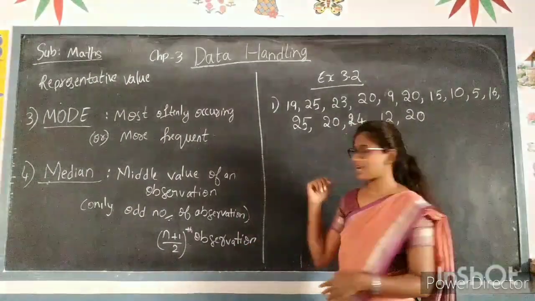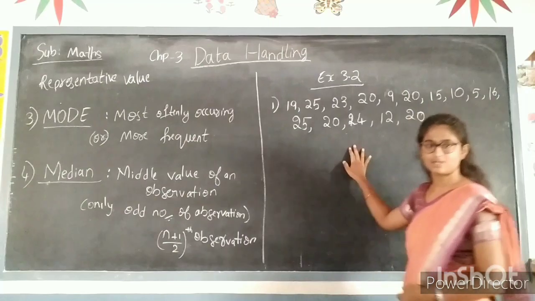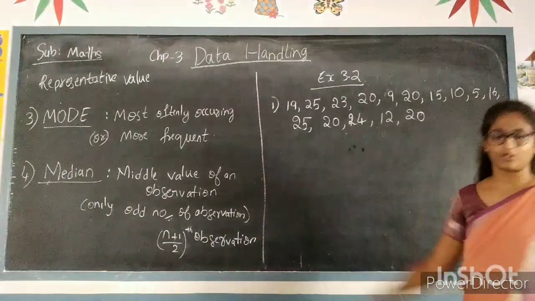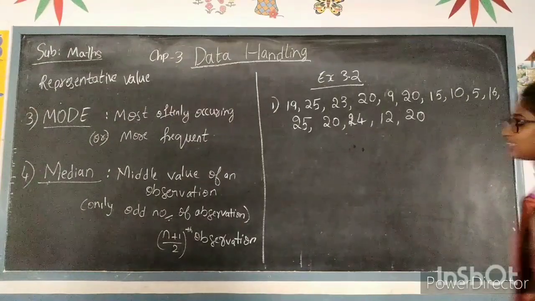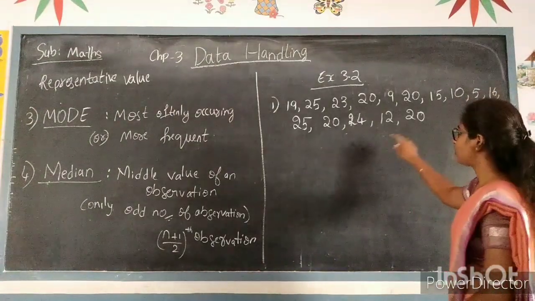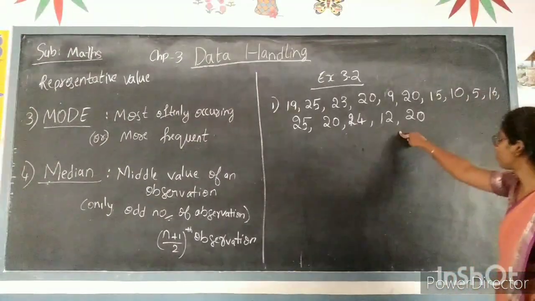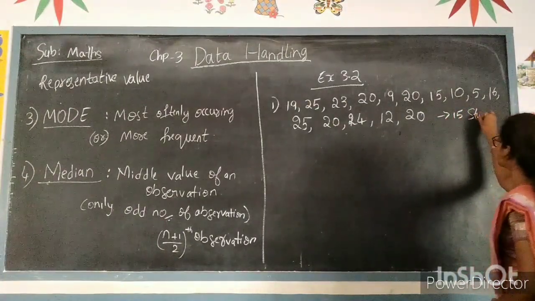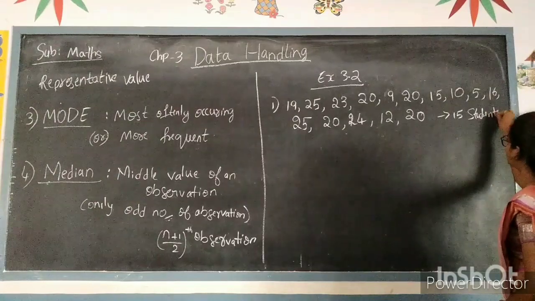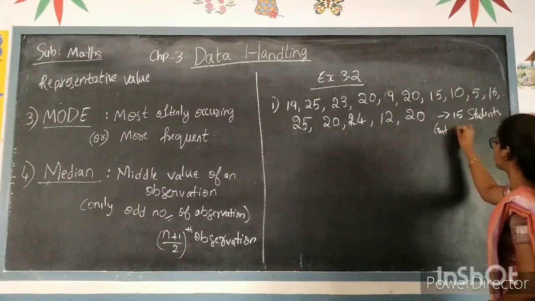Let us understand this concept from this problem. Exercise 3.2, first problem. The given data are the marks of 15 students out of 25.